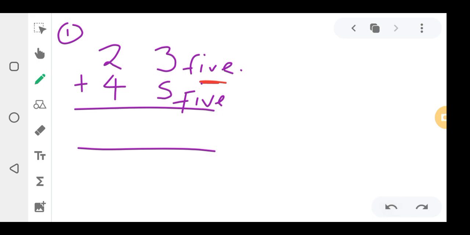For example, 3 plus 5. You see here, there is this 3 plus this 5. 3 plus 5 is 8. Since 8 is 5 and above, what do you do? You always write the remainder. Since it's 5 and above, because it's in base 5, you ask yourself, how many times does 5 go into this 8?